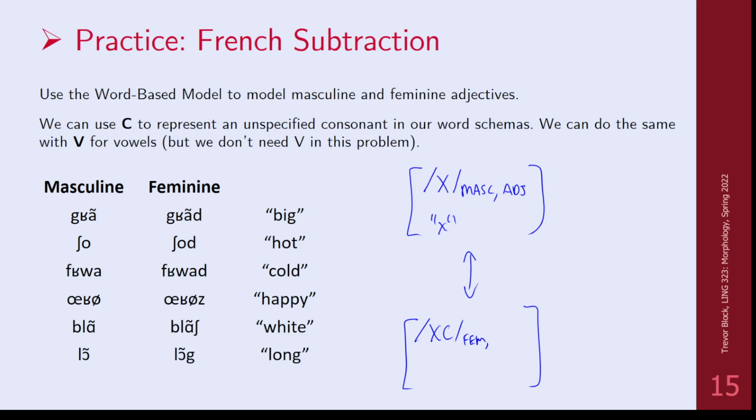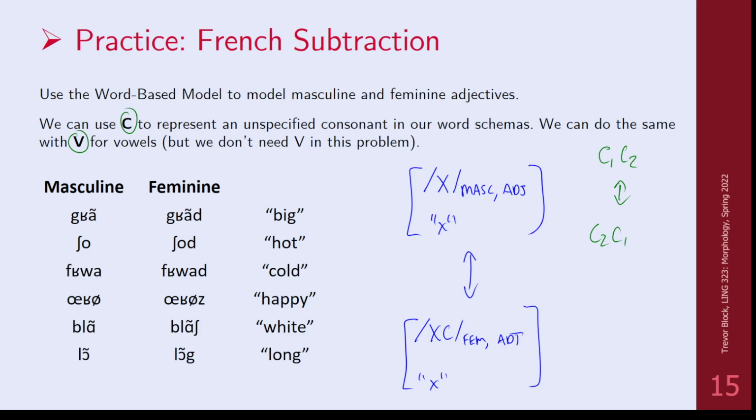This is now a feminine adjective, and this has the same meaning as X, but it's feminine. So we can use variables like C and V to represent some consonant or some vowel, and we can index them too. So if we have two consonants like C1 and C2, we can manipulate them by indexing them.